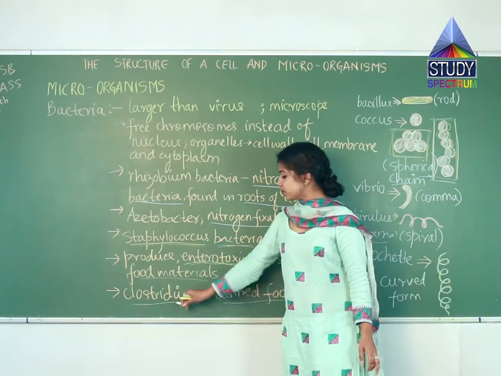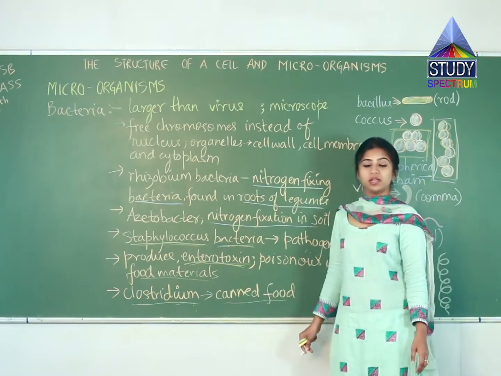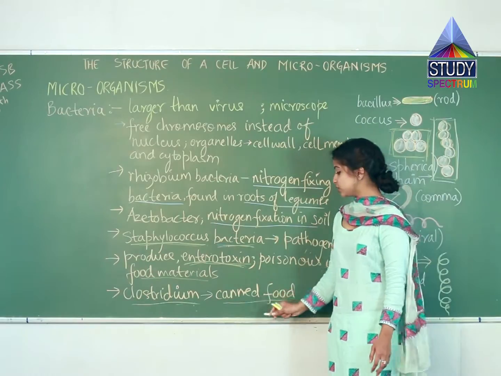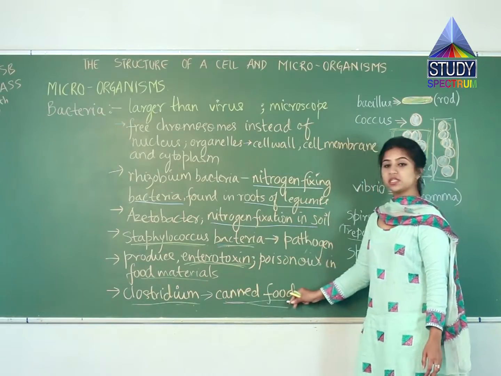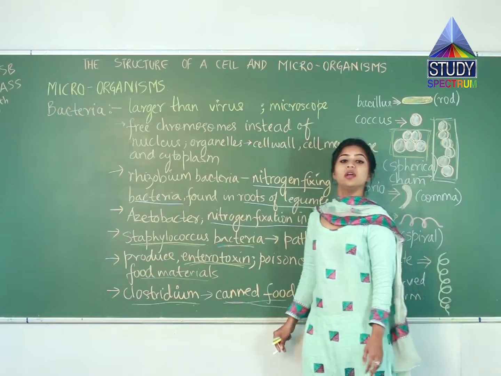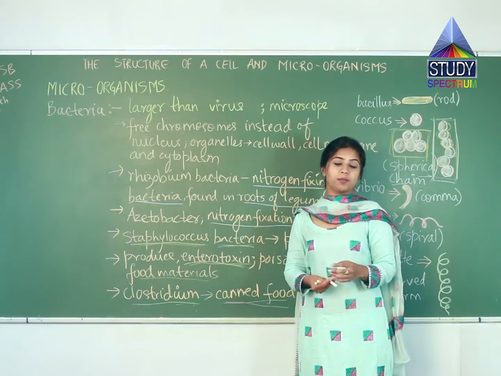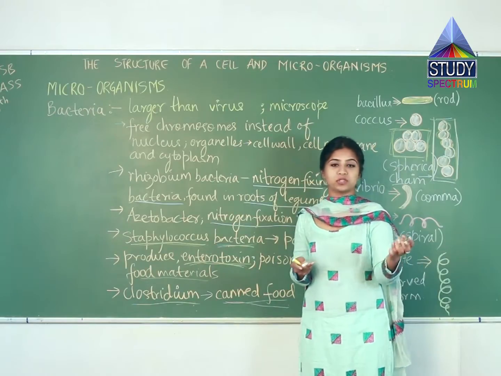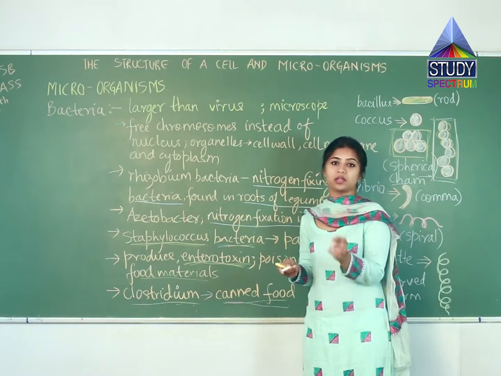Now, the next we learned was about the Clostridium. Clostridium is another pathogenic bacteria that is responsible for causing poisonous substances in canned foods. Now, canned foods, I gave you the examples of beans and other packed foods that are usually found in the market.